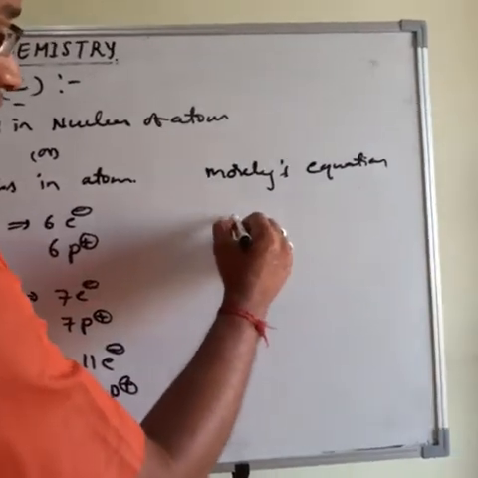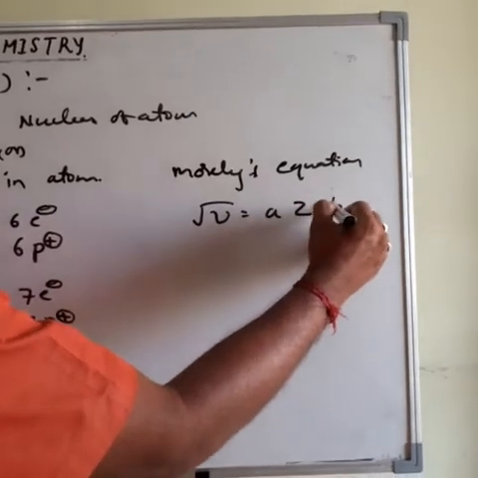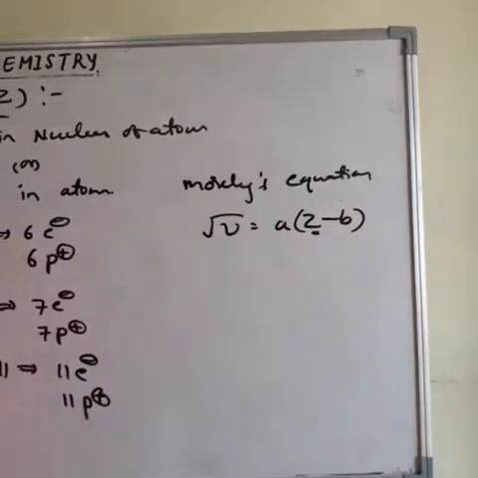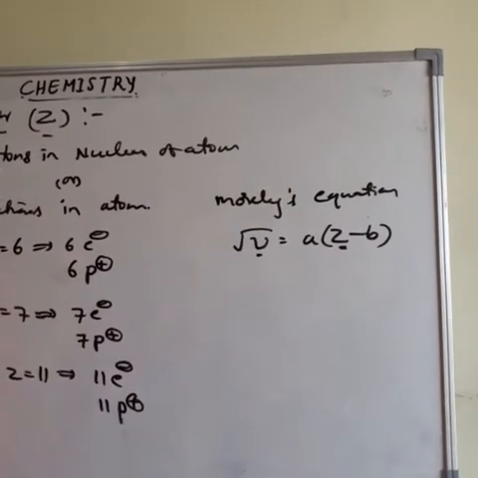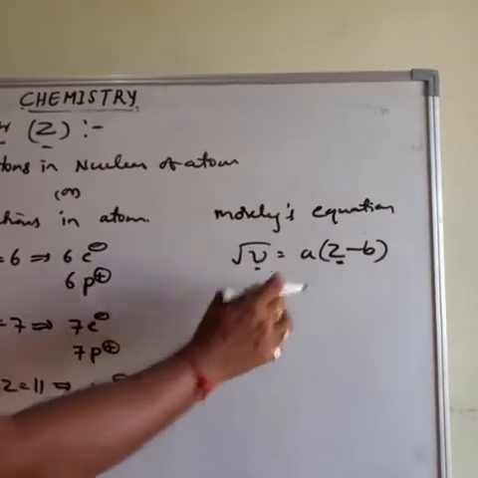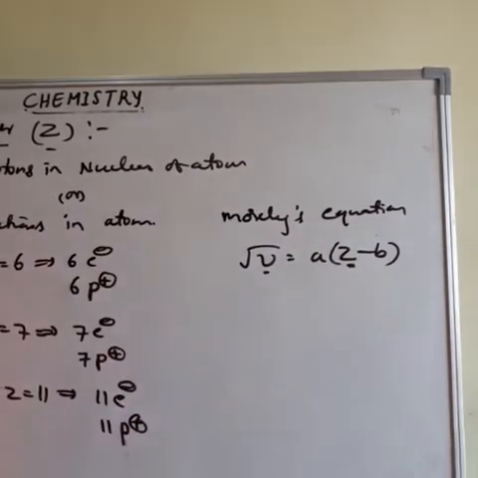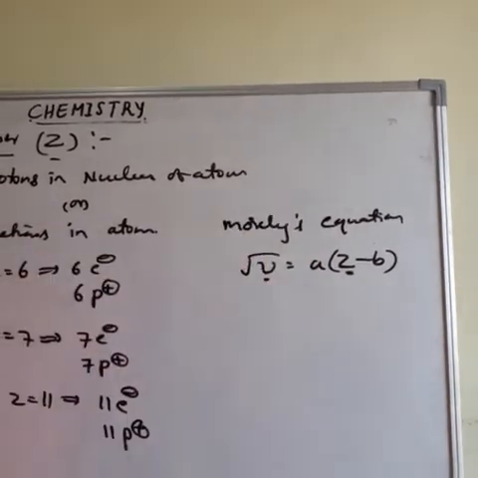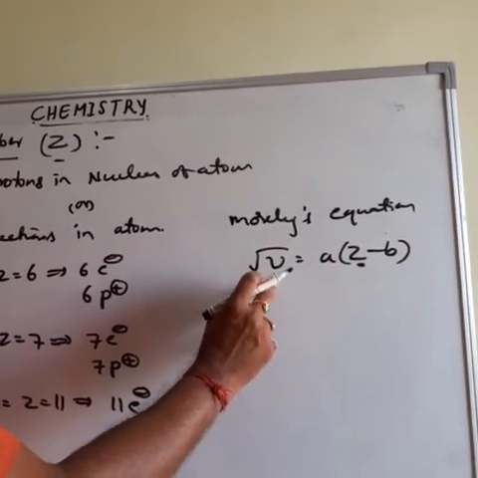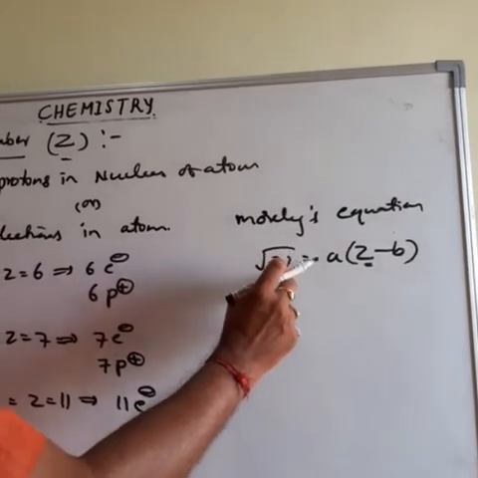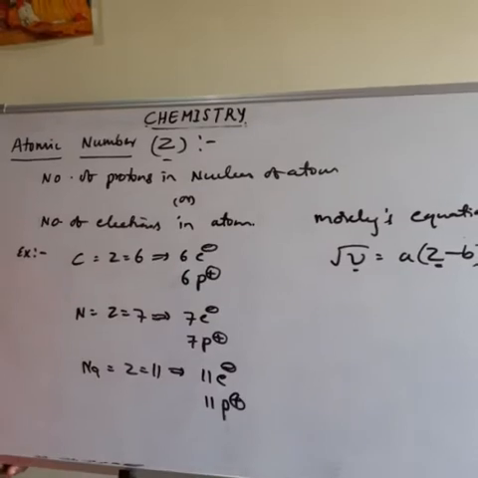That equation is square root of mu is equal to A into Z minus B. Here Z is the atomic number, mu is the frequency of emitted X-rays, and A and B are both constants. This is Moseley's equation. This is about the atomic number.